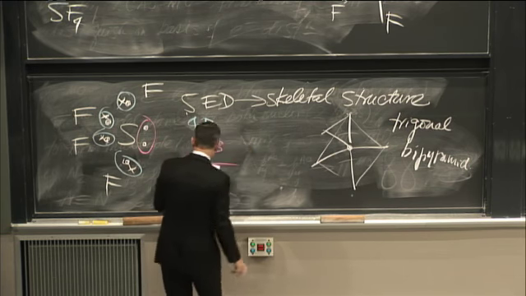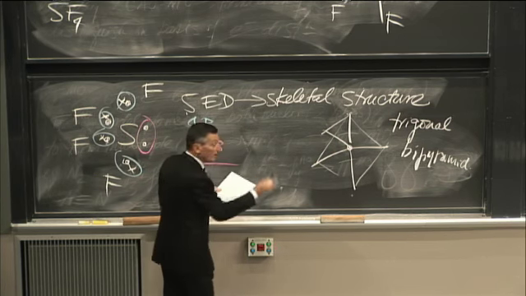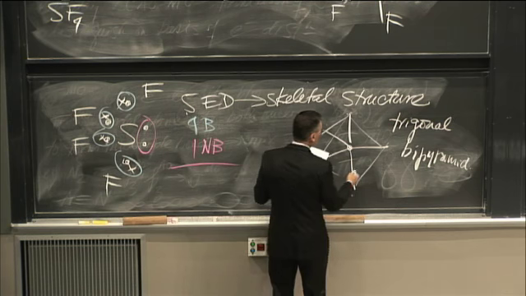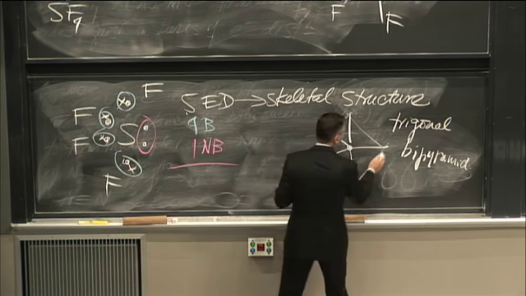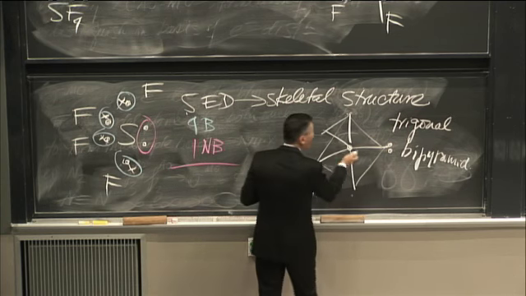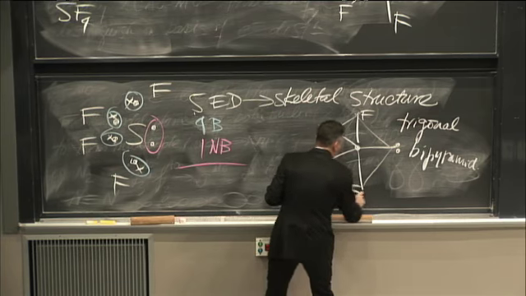So now let's start putting the fluorines. Again, we've got choices here. They're not equivalent. So one possibility is to put the lone pair at the equator, and then the fluorines go here.